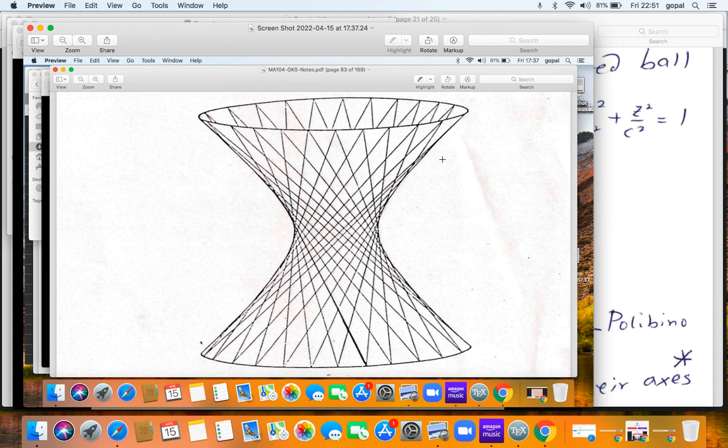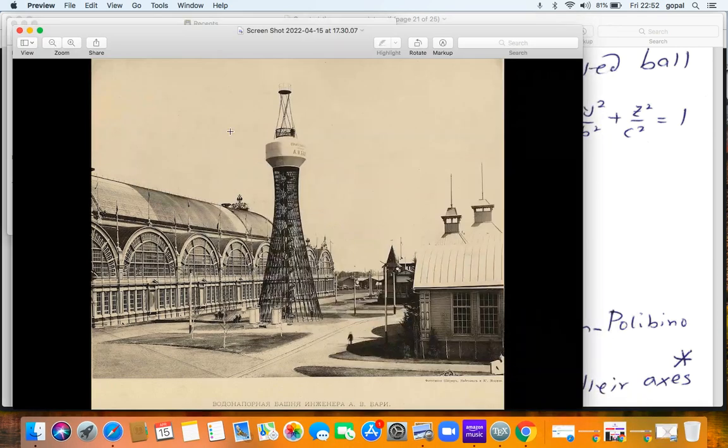You see, this is a very robust and stable structure. You can create this hyperboloid out of one sheet with two families of lines, and those cane sticks that you see in this moda are exactly these lines. So, in fact, the Russian engineer Shukov actually used this idea to construct a tower.